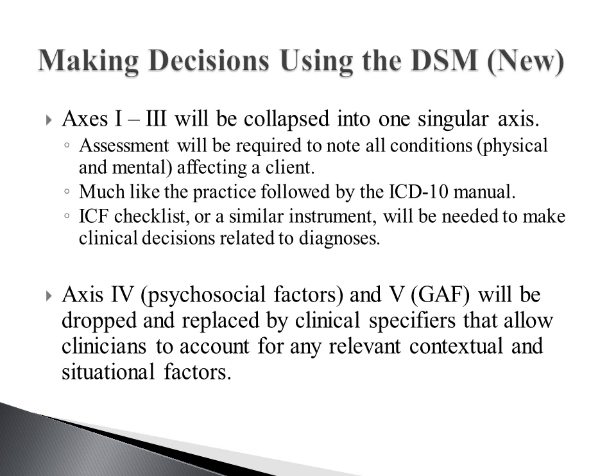Using the new DSM-5, the multi-axial system has been dropped. Axis 1 through 3 are all collapsed into a singular axis. All mental health and medical issues are now coded on the same line. This is similar to how diagnoses are made using the ICD, the International Classification of Diseases Manual.